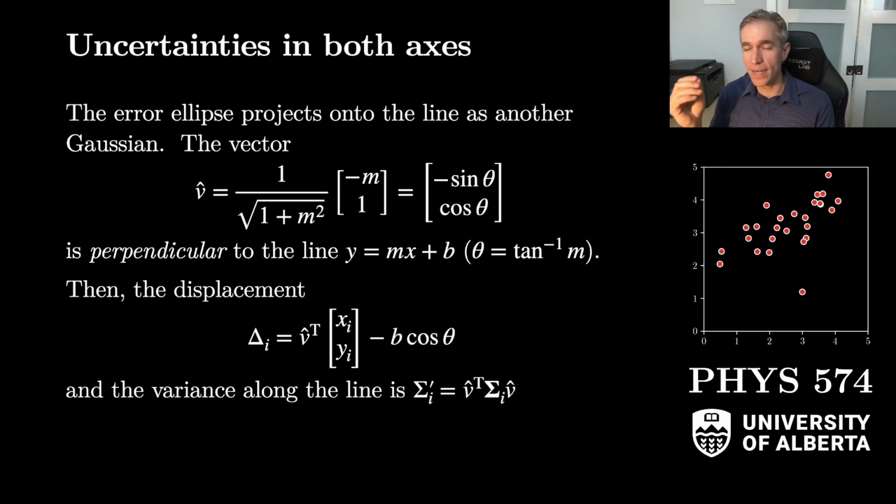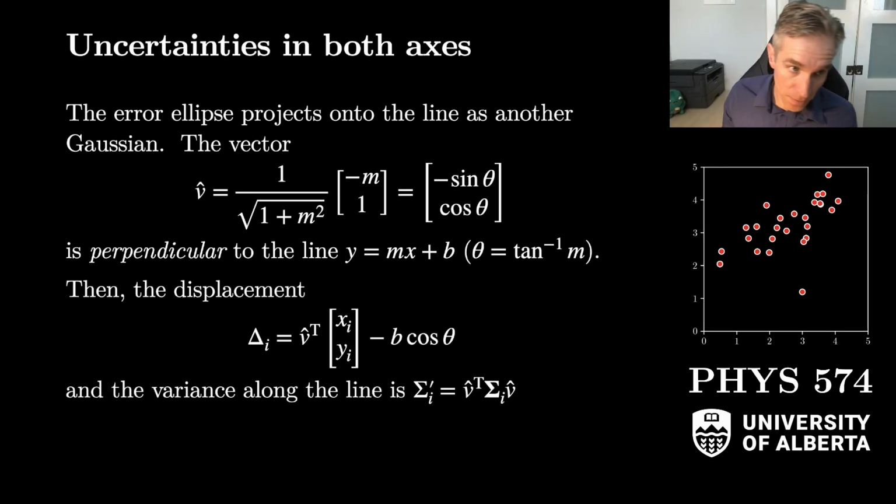You can also think of it as an intersection between two Gaussians, one of which is infinitely thin and long, that's the line, and you're trying to calculate the overlap integral between those two Gaussians. There's well-established geometry for that, and we will express that in terms of a vector v here that is going to be perpendicular to the line model y equals mx plus b.